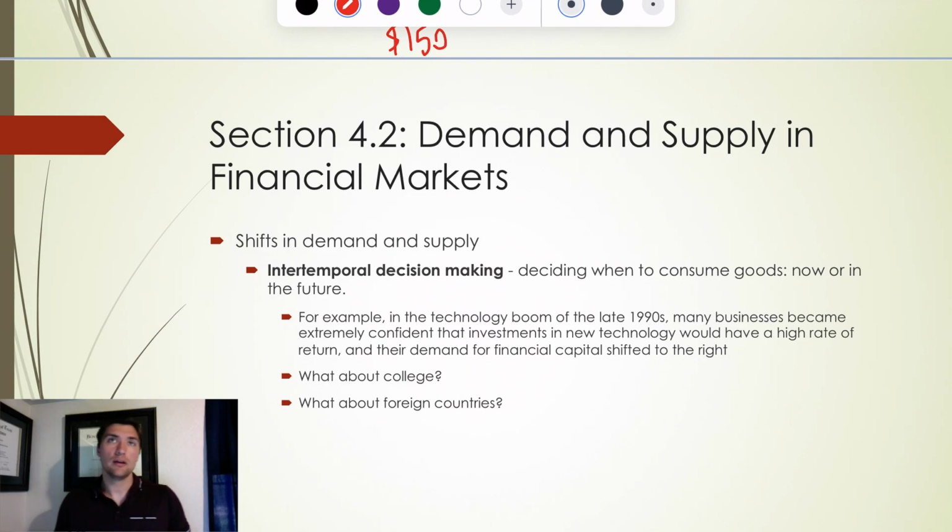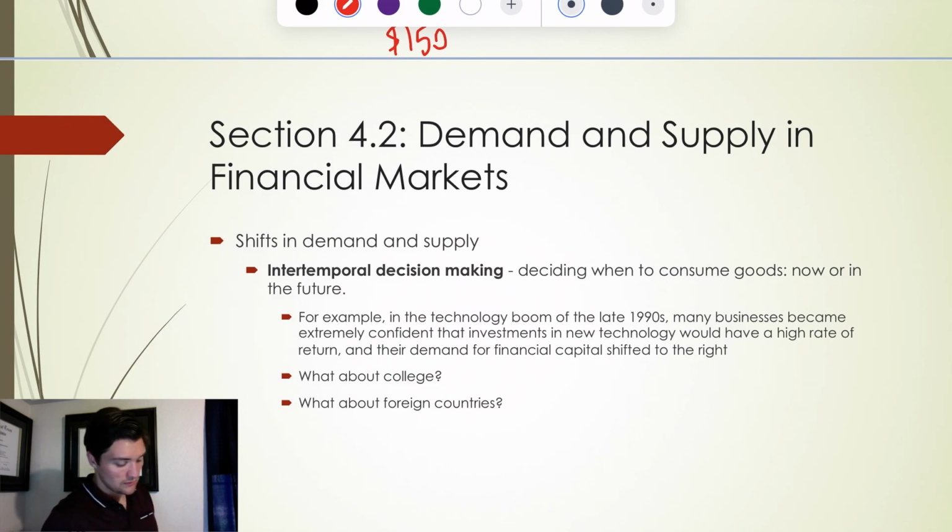Now, what if you decided to use your money tomorrow? So how can you use your money tomorrow? You save it today by using it tomorrow. So that is intertemporal decision making, in the fact that you will be deciding whether to buy today or tomorrow.